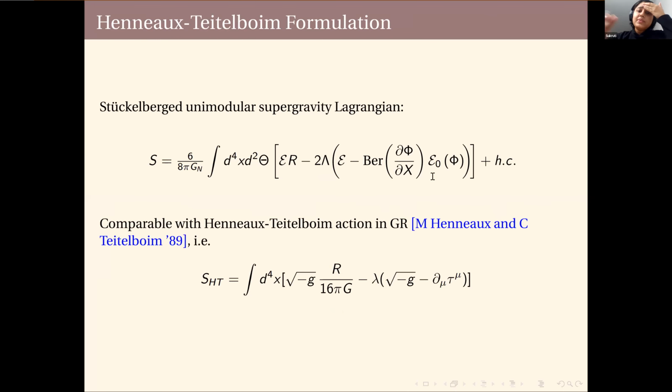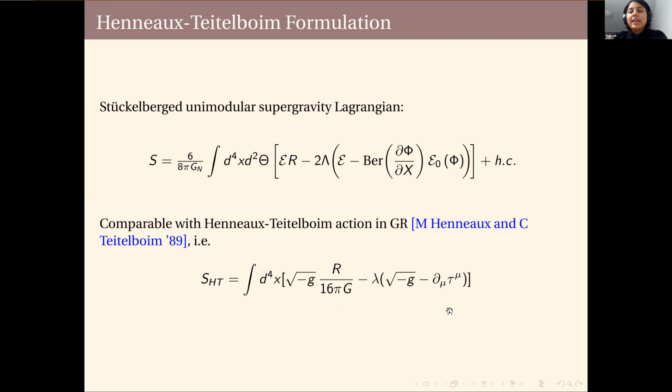Now, one of the reasons that motivates pursuing these passive transformations is that the action, which looks like this, can possibly be expressed as what is known as the Henneaux-Teitelboim action for GR, which is somewhat similar in appearance to the unimodular gravity action.